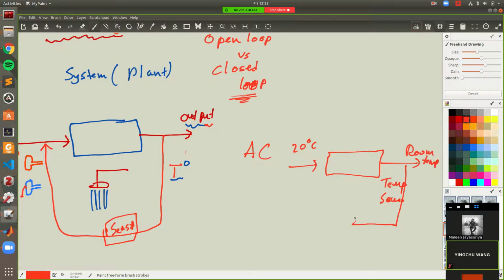Then it will compare it with this input temperature of 20 Celsius, and there will be an error between them. For example, let's say the room temperature is actually 30 Celsius, but you said, please give me 20 Celsius. It will compare these two values and say that it needs to cool some more.